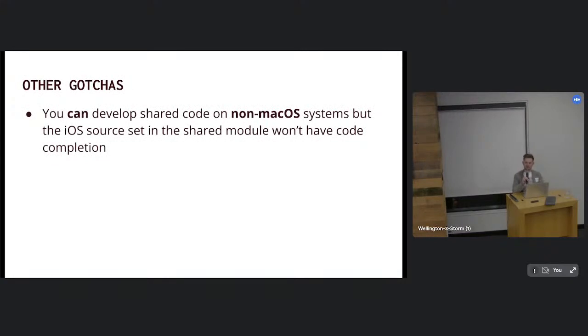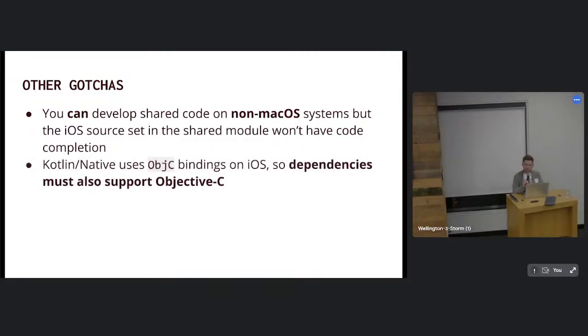A few other gotchas. As I mentioned, you can develop your shared code on non-macOS systems, but you won't get any code completion in the iOS source set. Kotlin Native uses Objective-C bindings on iOS, and so it means that all dependencies have to also support Objective-C. So you won't be able to use Swift-only libraries.